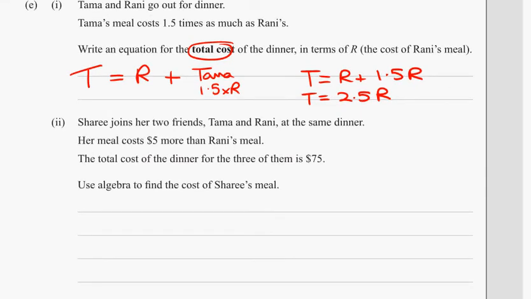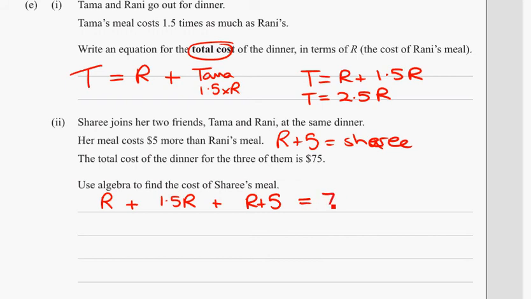Part 2. Cherie joins her friends. Her meal costs $5 more than Rani's. So Rani's plus 5 would be Cherie's meal. Total cost was $75 for all three of them. So R for Rani plus 1.5 R for Tama plus R plus 5 is Cherie's, and altogether comes to 75.